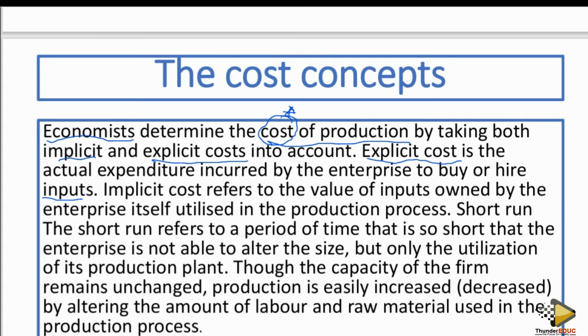Examples of these explicit costs are payments towards labor. Remember, after labor has rendered any service or done a job, they should be remunerated. That spending on the side of the business, we call an explicit cost, meaning the spending on salaries and wages.